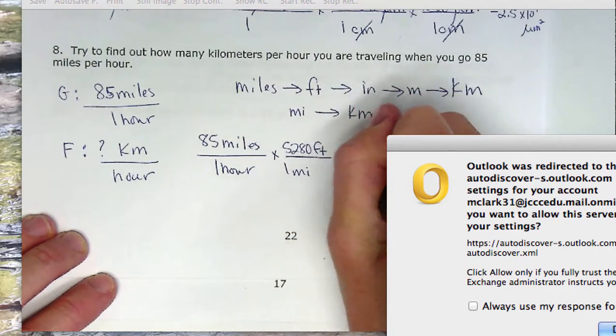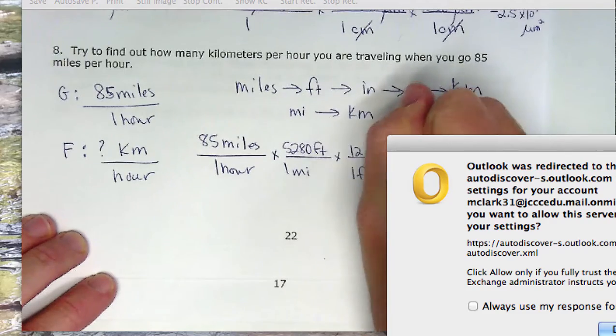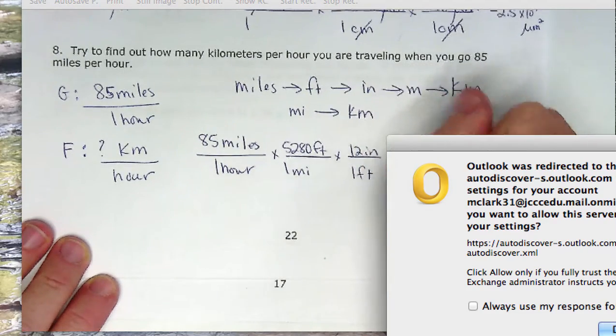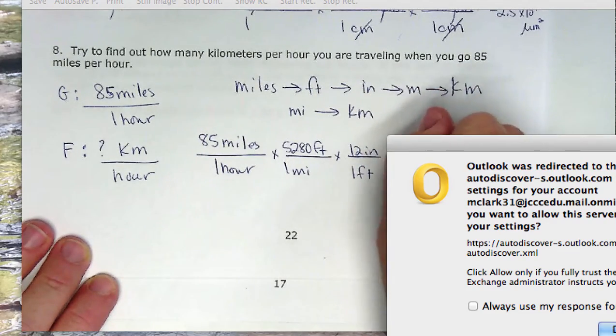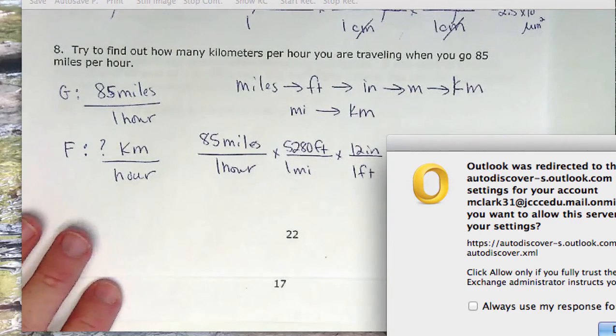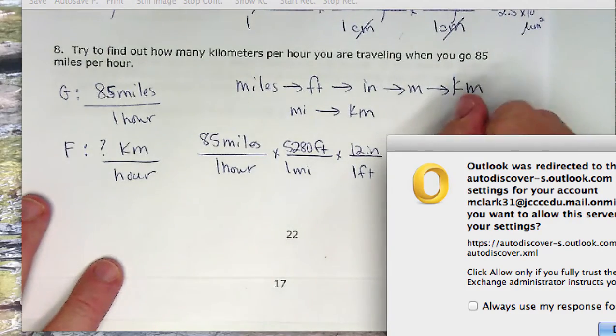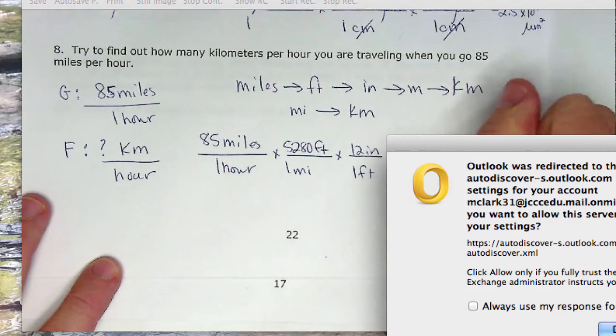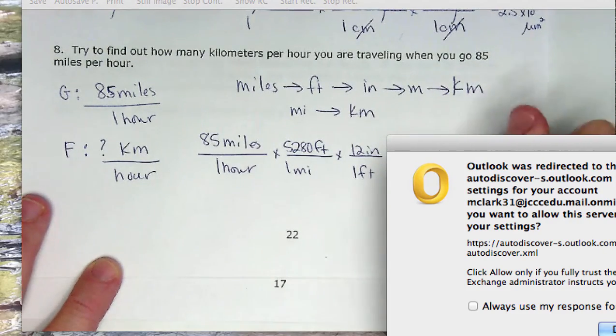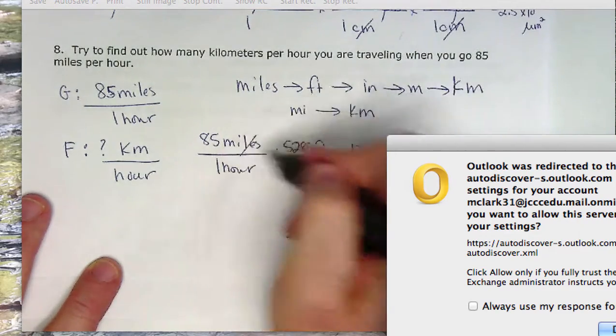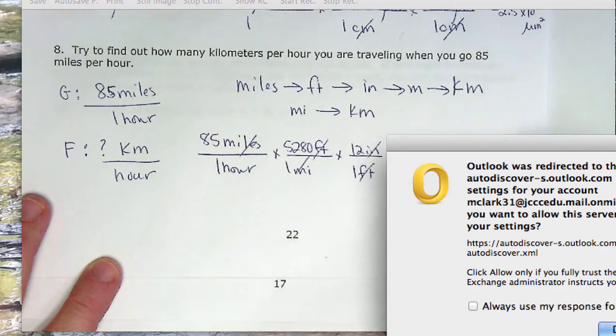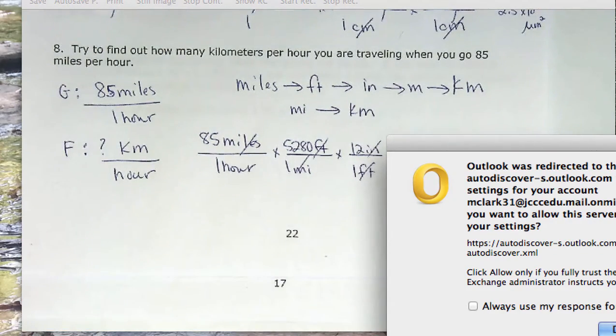Something went horribly wrong with my math. What'd you get? An incorrect answer that I don't even know how to say. Is it like something octillion? It's a really big number, and I know kilometers are smaller than miles, so it doesn't make any logical sense. But we set our problems up the same, so it could be an entry error.